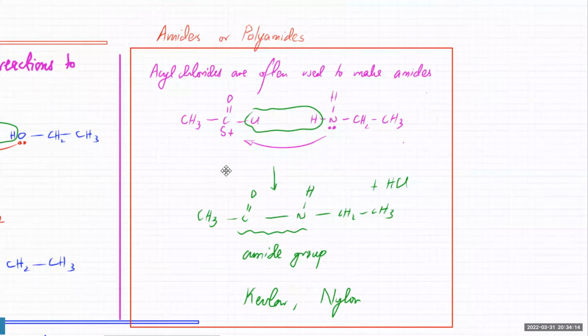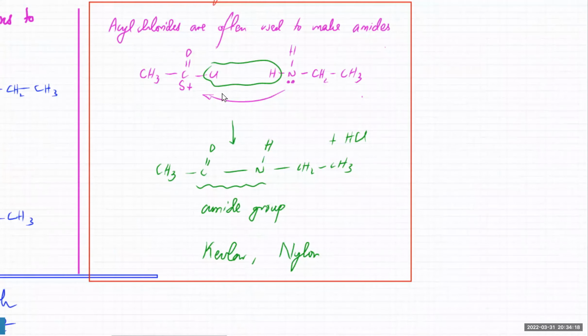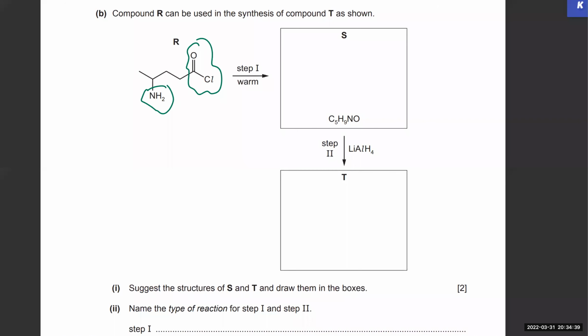That amides or polyamides, they usually form from acyl chlorides. This one, we were trying to find this one. So they usually form when an acyl chloride and amine react together. The lone pair on N gets attracted to the carbon that's positive on the acyl chloride, and they join up, and they end up forming this amide group, and the HCl gets removed from the middle.